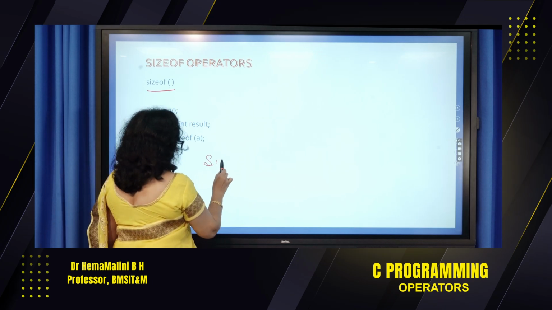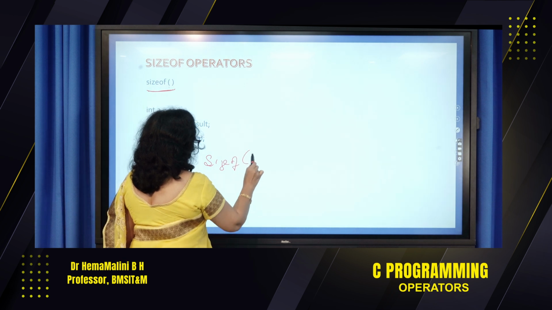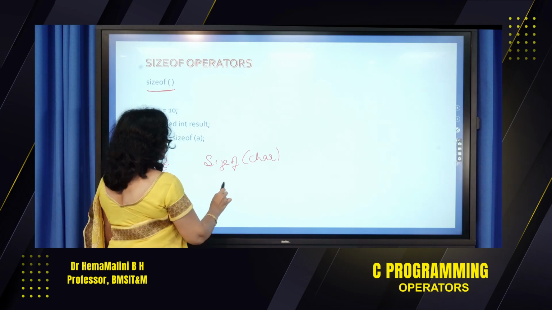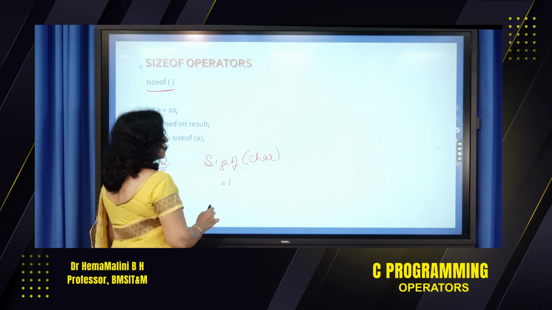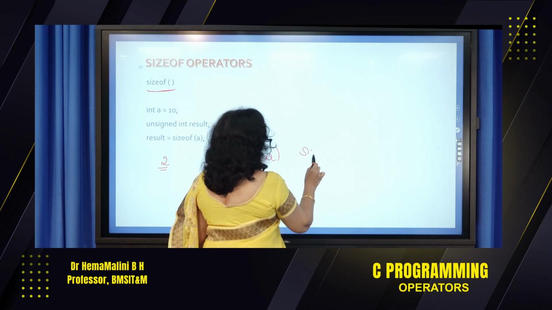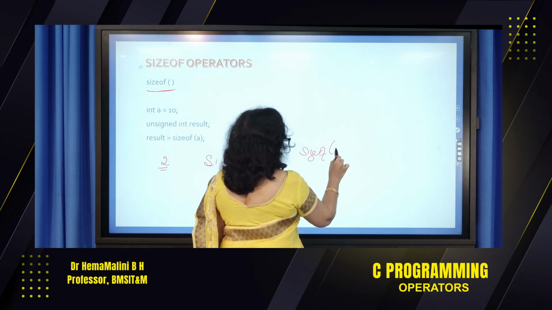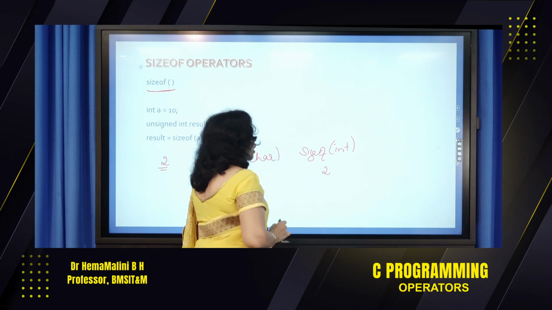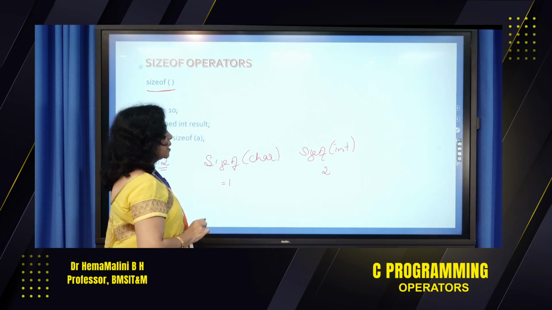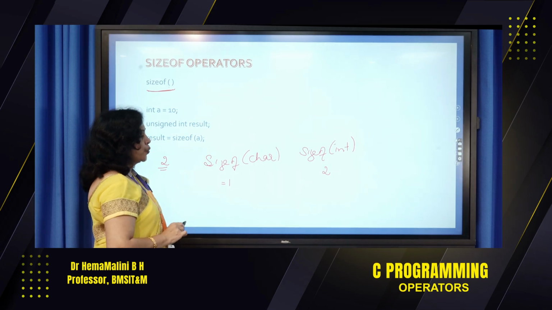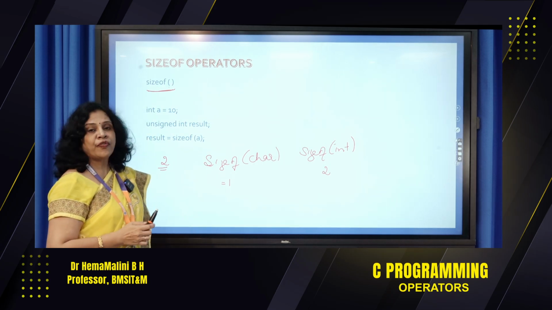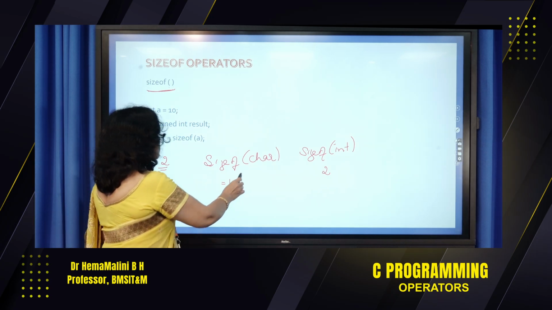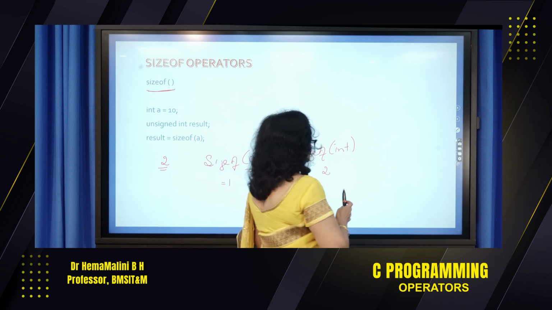If I say sizeof char, it consumes 1 byte, so the result would be 1. If I say sizeof int, if integer consumes 2 bytes, the result would be 2. If I say sizeof float, if float consumes 4 bytes, the result would be 4. So, that is about the sizeof operator.